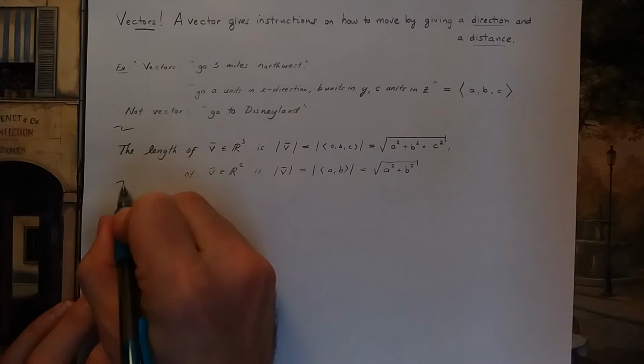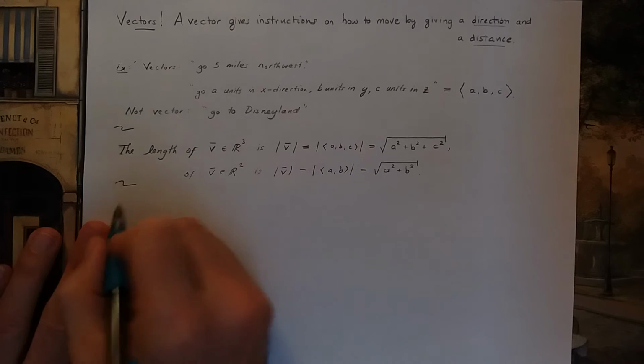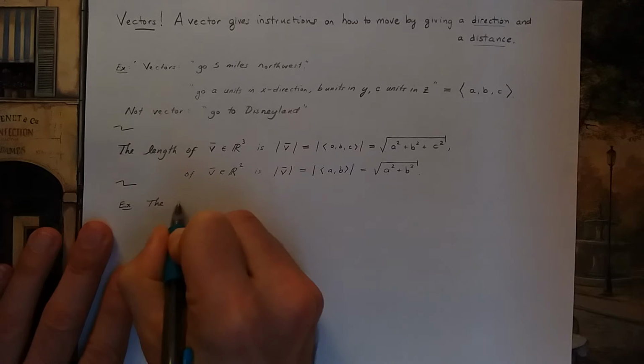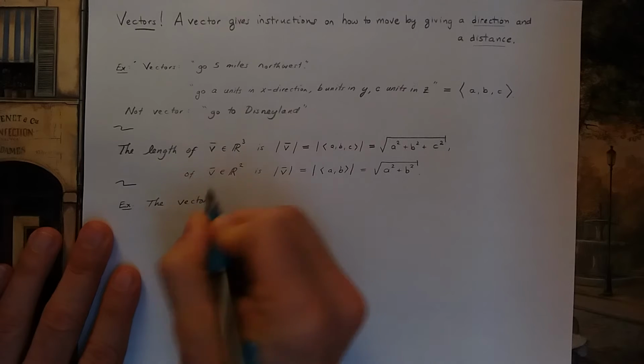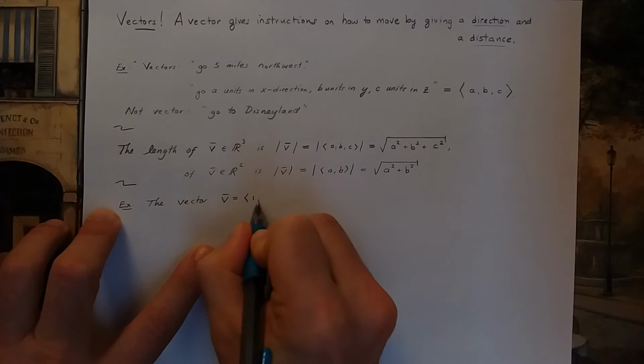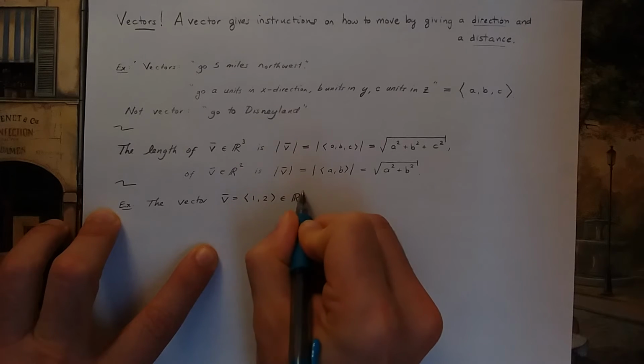Okay, we can graphically depict vectors. So vectors in R2 or R3 can be drawn. Let me give you an example. So what about the vector v? Let's say it's the vector 1, 2. That's a vector in R2.